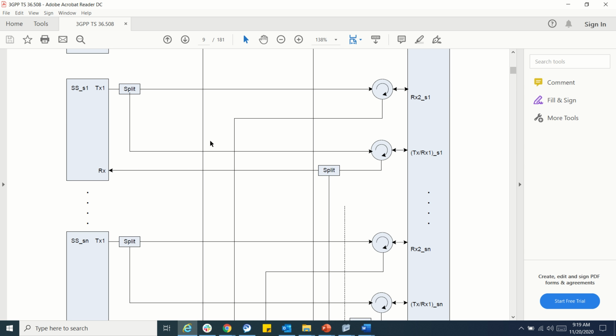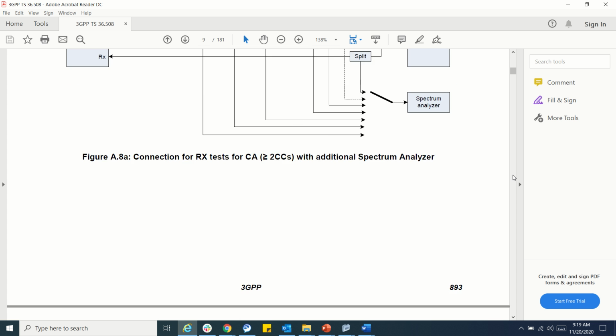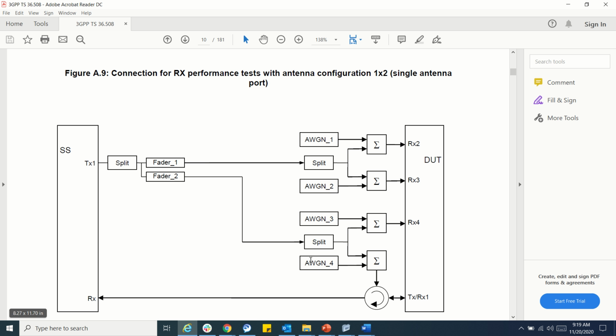You can see here several system simulators need to be used. Some of the scenarios need a fader, a fading scenario. Which means when you apply fading, what is the response I am getting, for example in terms of throughput, in terms of power, or what power reduction I am getting while applying the fading.